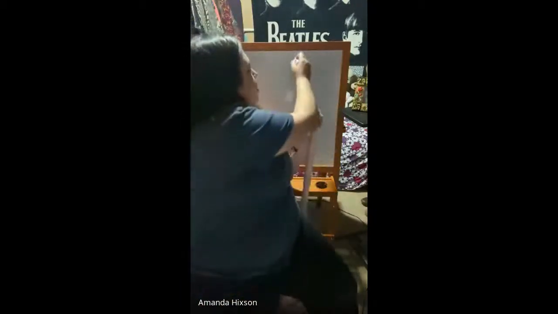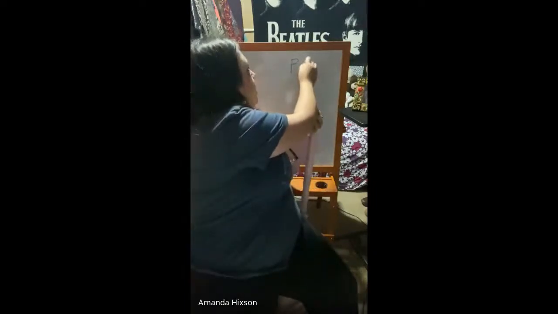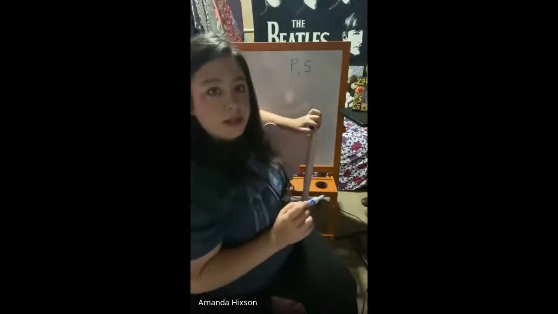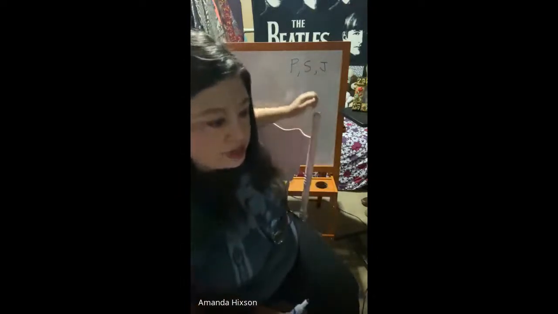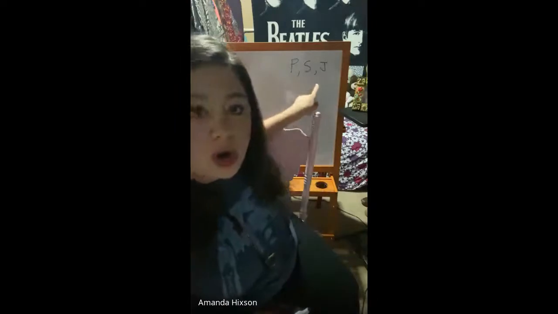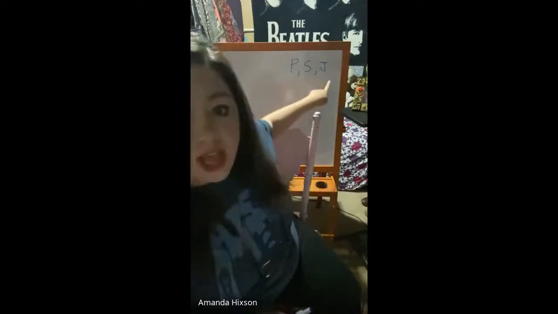But what you need to do when you're making a list like this is write just a shortened version of the words. You don't want to write the whole words out. So you have push-ups, so you write a P. Sit-ups, so you write an S. And jumping jacks, so you just write a J. So one way to do them in order is PSJ: push-ups first, sit-ups second, and then jumping jacks.